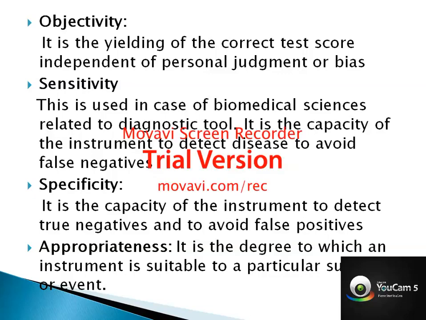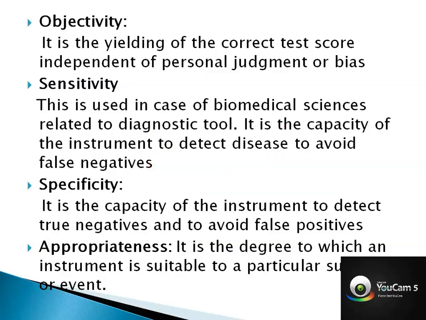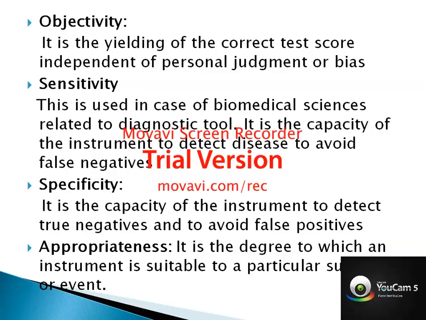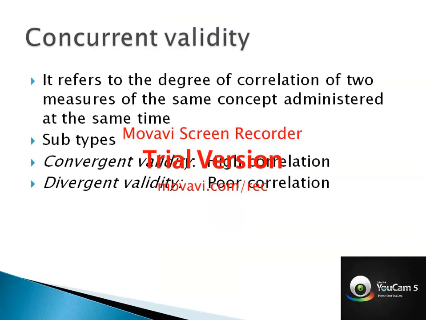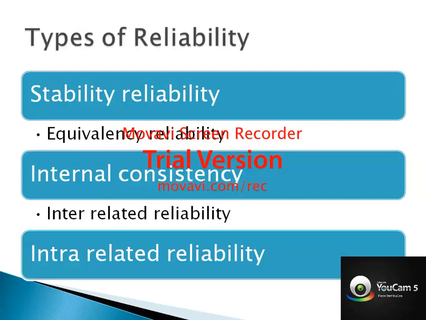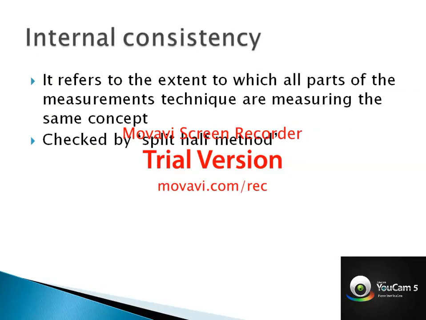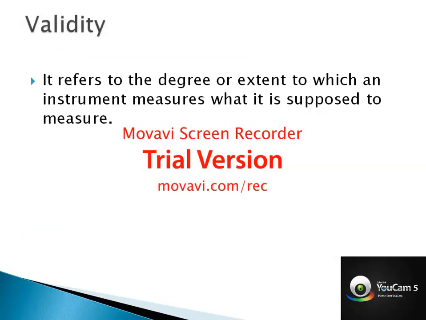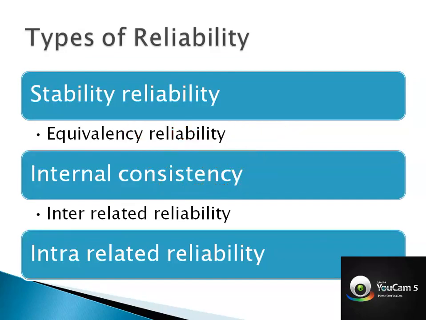Clear? So the characteristics of the instrument or your data collection tool are reliability, validity, objectivity, sensitivity, specificity and appropriateness. Among all these characteristics, validity and reliability are very, very important ones. Reliability, if we see, is whether your instrument is giving the same result on repeated observation, we say it is a reliable one.